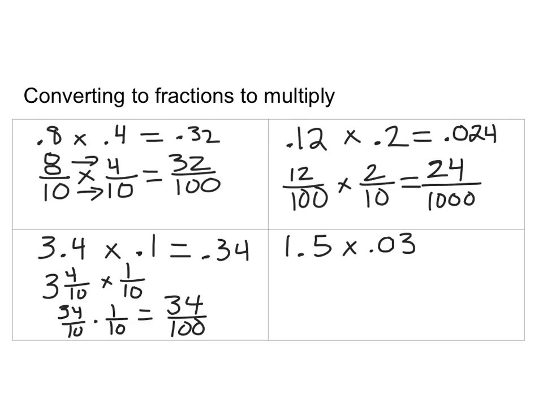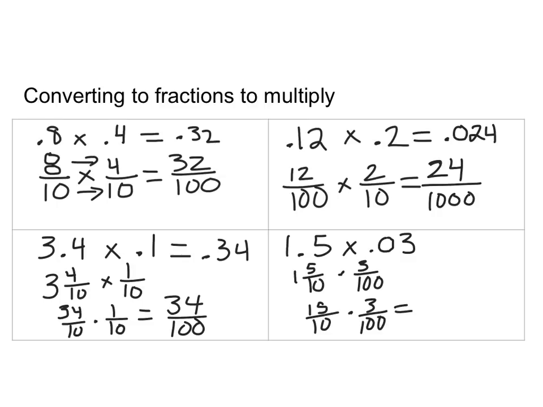All right, and now I want you to try one more on your own. You're going to do 1 5/10 times 3 hundredths. Write it as fractions, multiply, and then find your final answer as a decimal. Did you find that it was 15/10 times 3 hundredths?